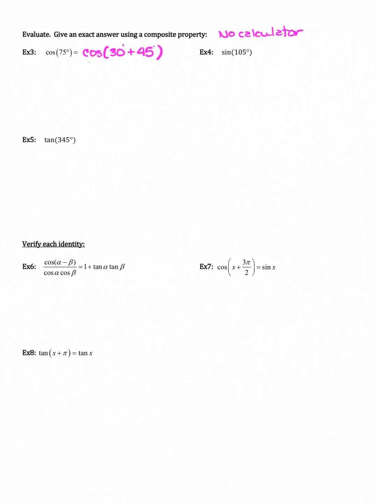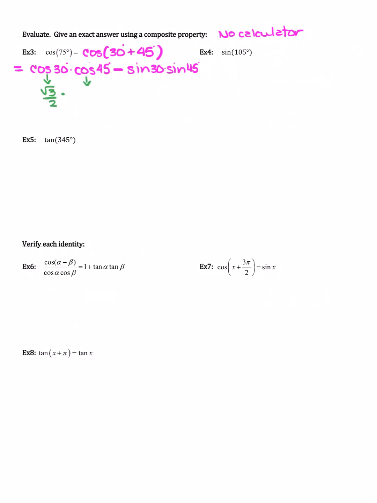And now what we're going to do is we're going to expand this using your composite property. So that's cosine of 30 times cosine of 45, opposite sign, negative, sine 30 times sine 45. And now you just evaluate. So the cosine of 30 is going to be rad 3 over 2.